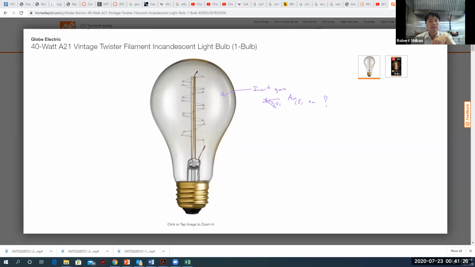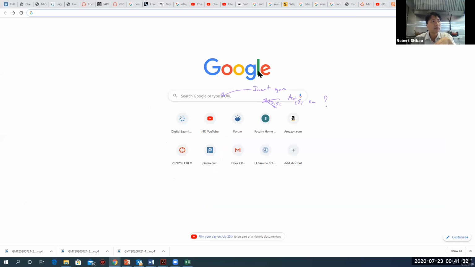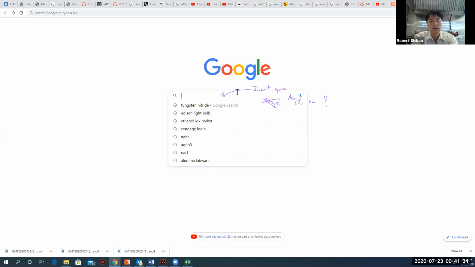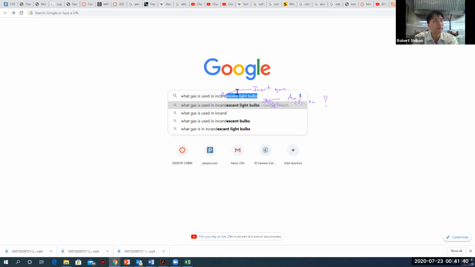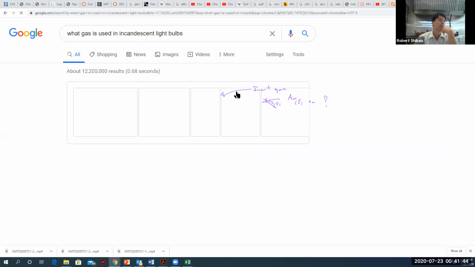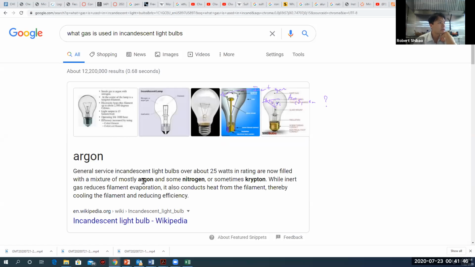And so what gas do they use here? You want a cheap gas, right, and an unreactive gas. Let's see, what gas is used in incandescent light bulbs? Oh, I guess it's argon. Argon's not so cheap. I used to use lots and lots of argon.